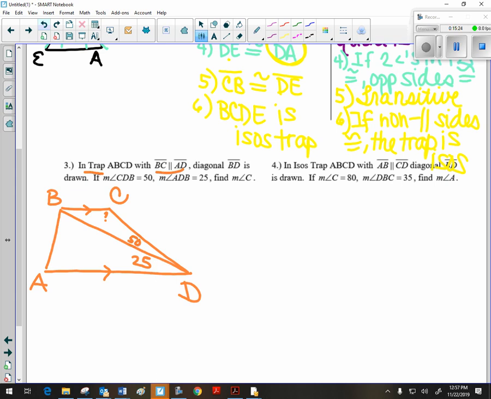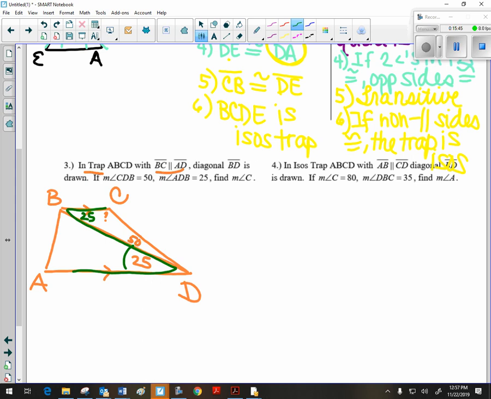So when we have this question, at first glance, you may say, well, geez, that's not really enough information to get me anywhere. Please remember that the parallel lines and the transversal form the Z shape, which means that I have alternate interior angles that are congruent to each other. So the angle in the upper left there is also 25.